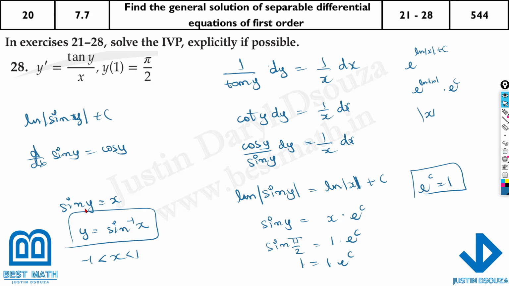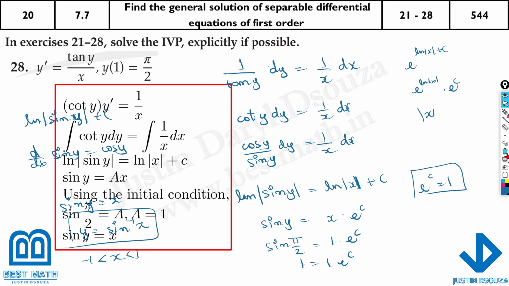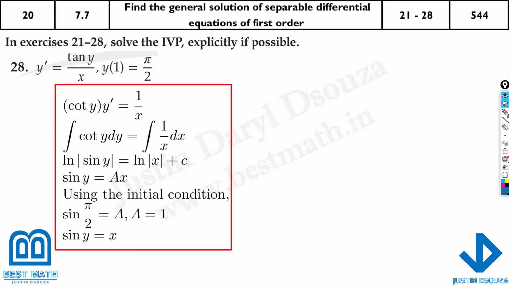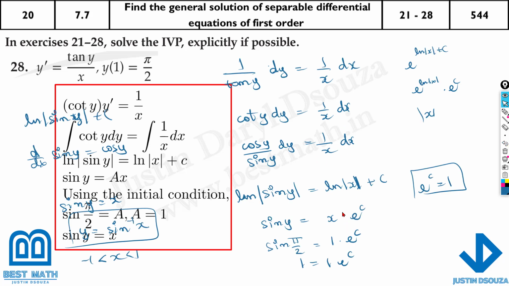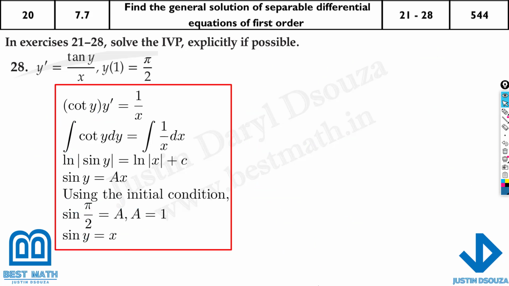That's absolutely fine. Sine y is equal to x is okay. Or you can take sine inverse on both the sides and it'll be y is equal to sine inverse x. So this is how we solve it. There are various different methods or different alterations over here, rather than these steps. You can even skip some steps. See, from here, you can directly write this and jump here as well. It's up to you. How confident you are, you can follow those steps.